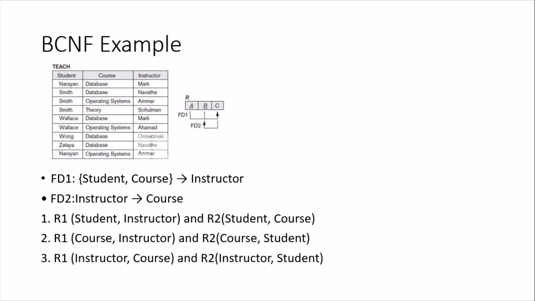But in this case, when we converted this into BCNF, we have lost one functional dependency. So that is about the general definitions of 2NF, 3NF, and BCNF.